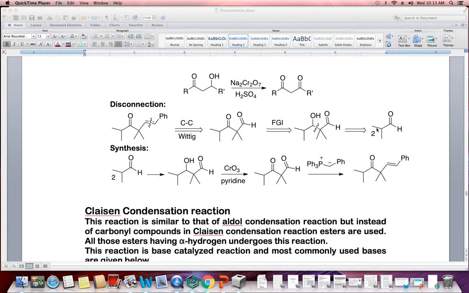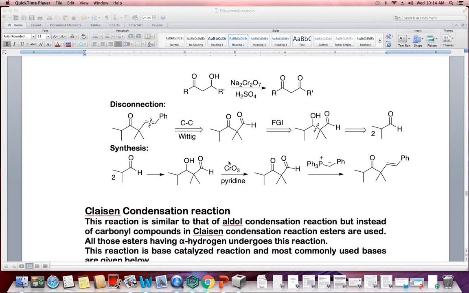As a result, we can get this product through aldol condensation reaction of isopropylaldehyde. So when this aldehyde is treated with base, we get this kind of product, and then we have to oxidize the hydroxyl functionality.